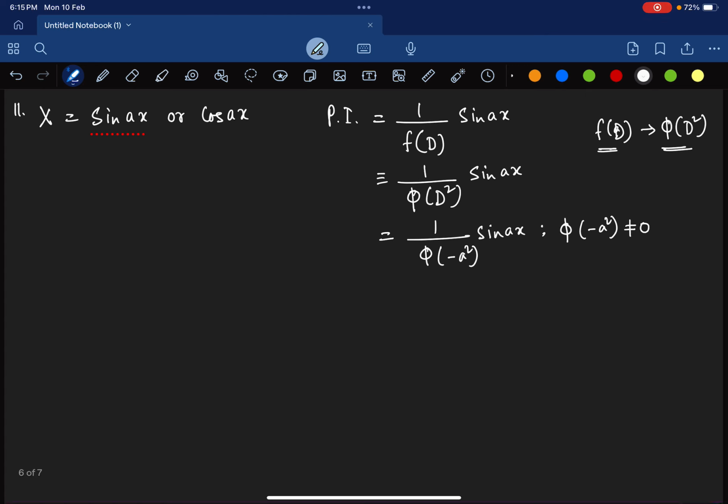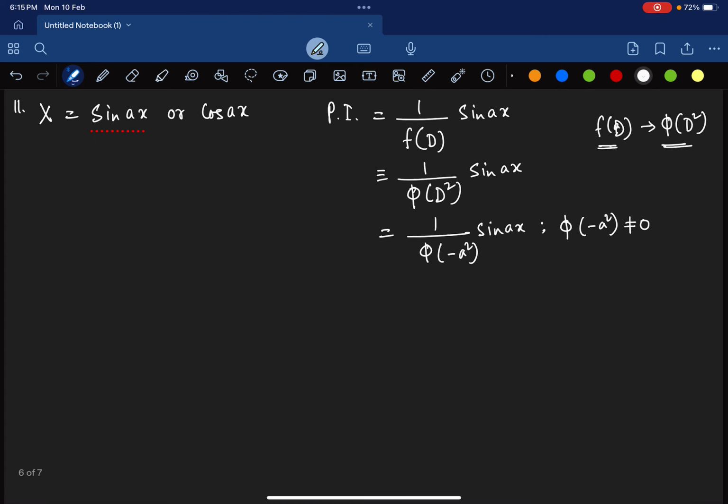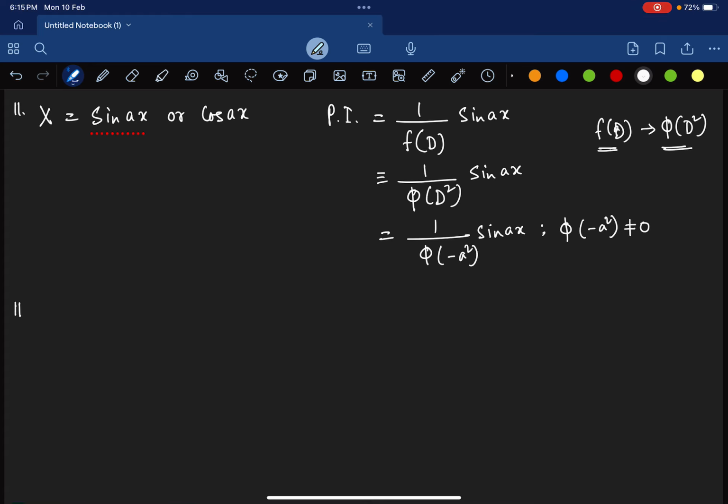Next, the third formula: if x is a polynomial function x power m, then the particular integral is 1 by f of d, x power m.